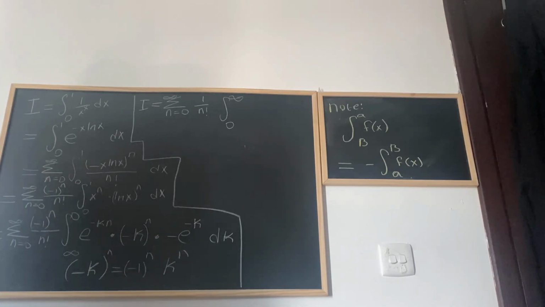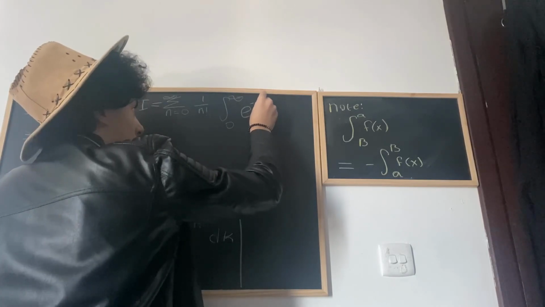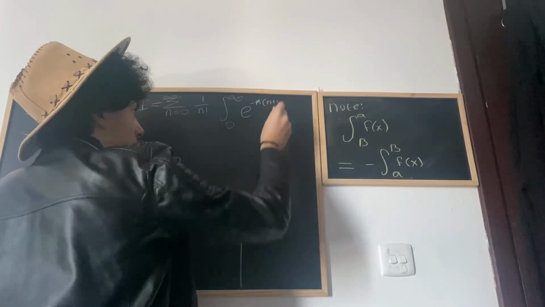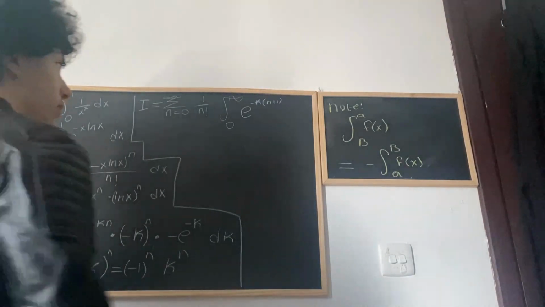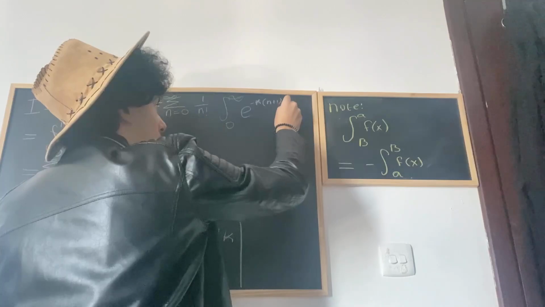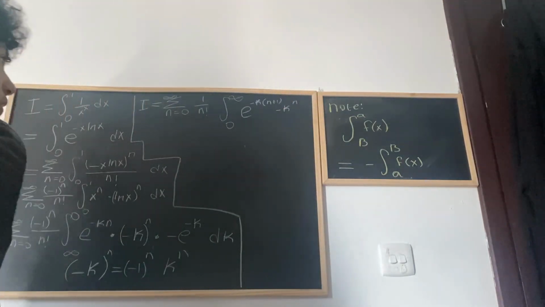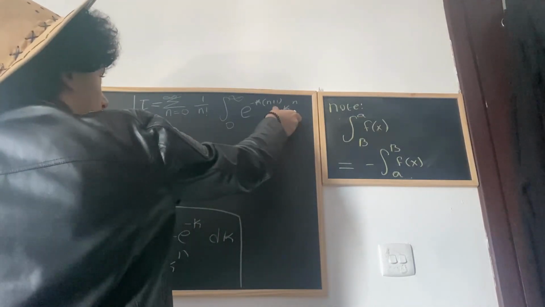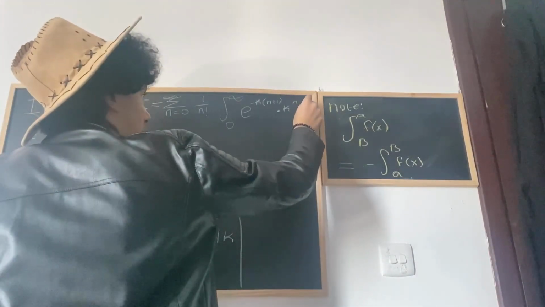They have the same base, and we can combine these powers to get negative k times n plus 1. So we get the integral of e to the power of negative k times n plus 1, and this is multiplied to k to the power of n. Remember, we got rid of that negative 1. And let's put a dk here.